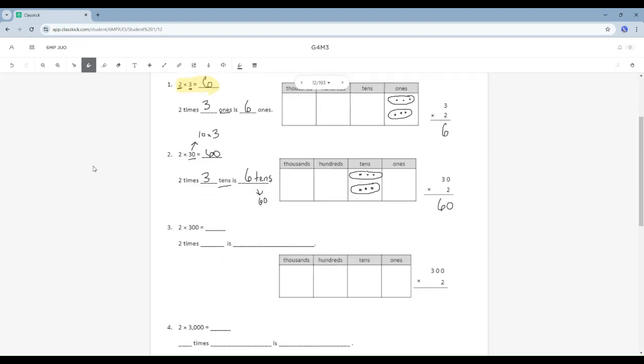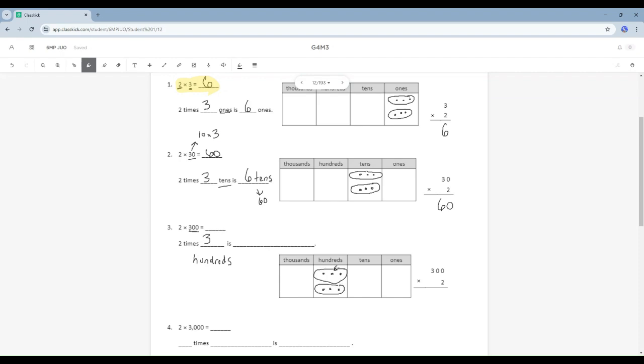Now down here we have 2 times 300. So 2 times 3, and down here I'm just going to write hundreds. I'm going to draw my place value discs now in the hundreds place. So I still have 2 groups with 3 in each group. And I'm going to count by hundreds this time.